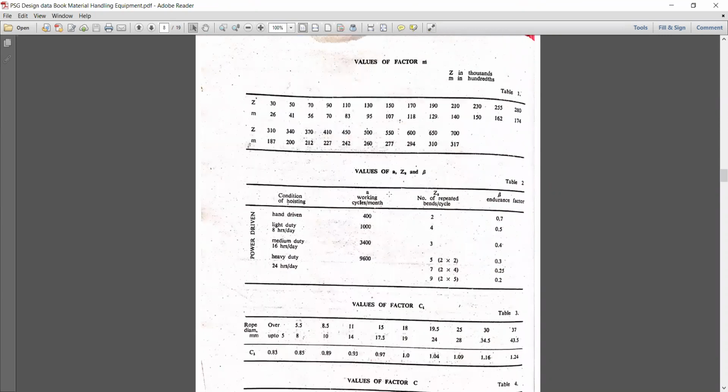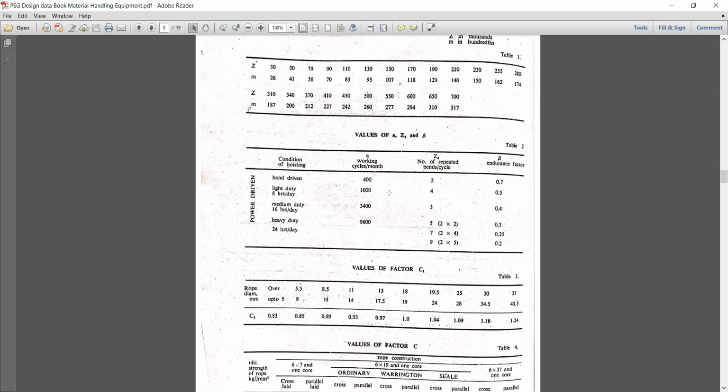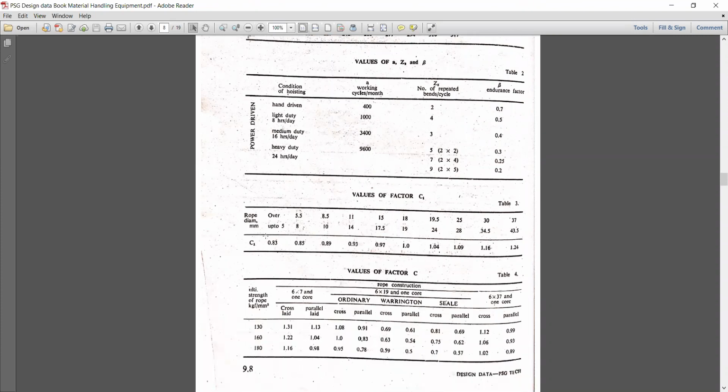From page number 9.8, table number 3, the rope diameter is in between 30 to 34. Our diameter is 32, so the value of c1 is 1.16.